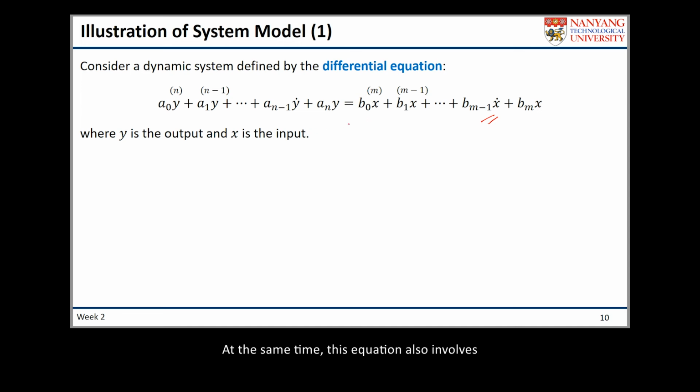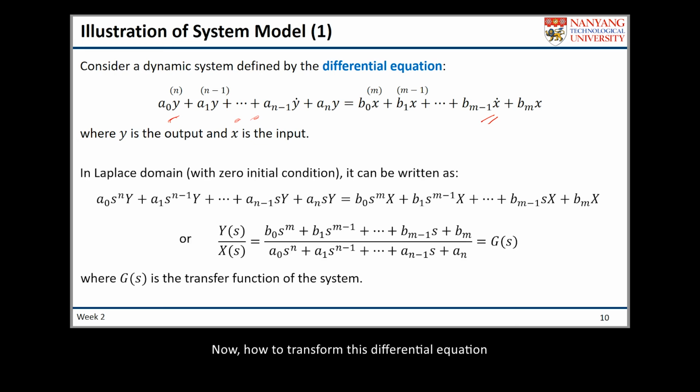At the same time, this equation also involves the first derivative of the output, second, third, until the nth derivative of the output. So this basically is the generic form of differential equation to represent a dynamic system.